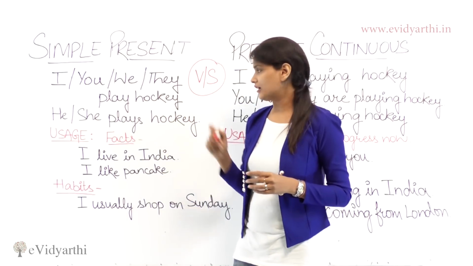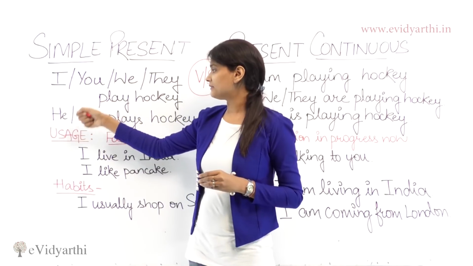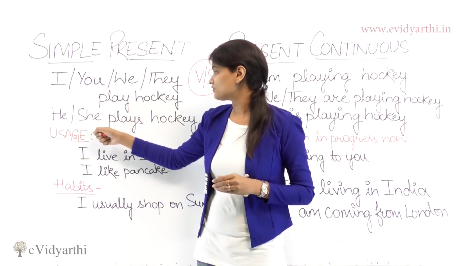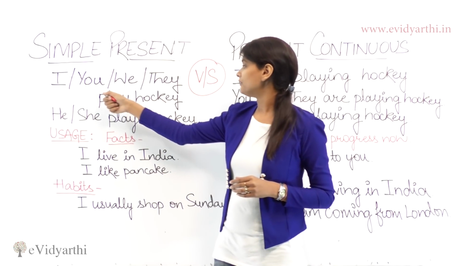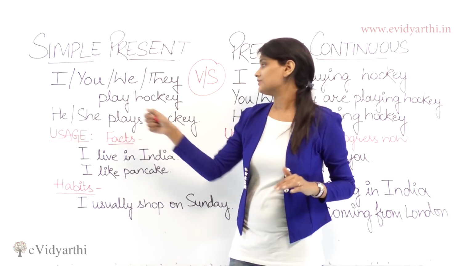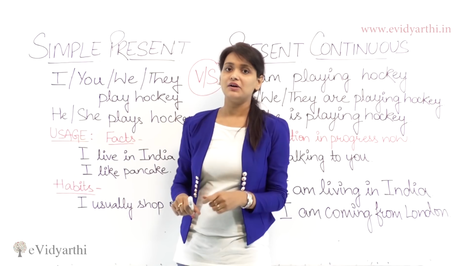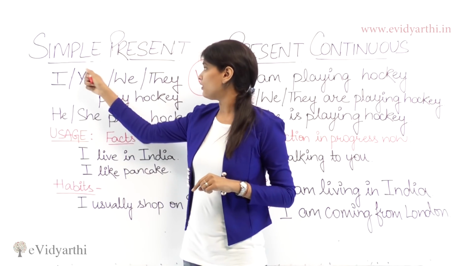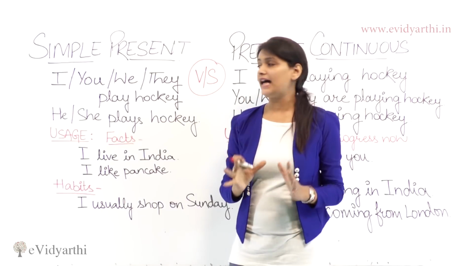Mansi plays hockey. Now, why I told you I'll explain it later, because you must be seeing that with these two singular subjects we have said plays hockey, but here we are saying no s. These subjects don't require s or es with the main verb. Why? Because when we talk about the helping or auxiliary verb of simple present tense, that is do and does.